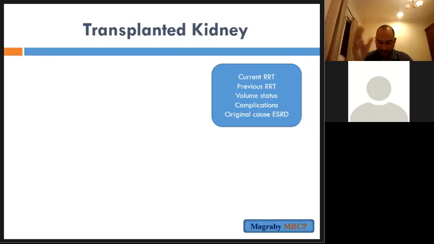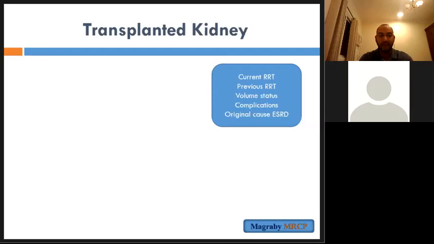Auscultate the mass: there is no audible bruit or any abnormal sound over the mass. Now you are aware that this case is a case of transplanted kidney.